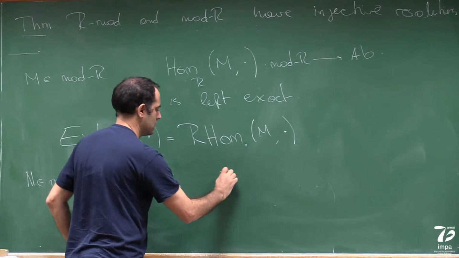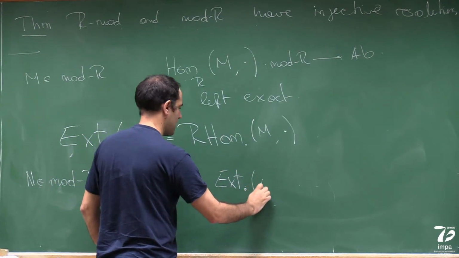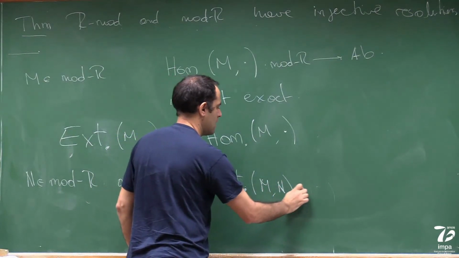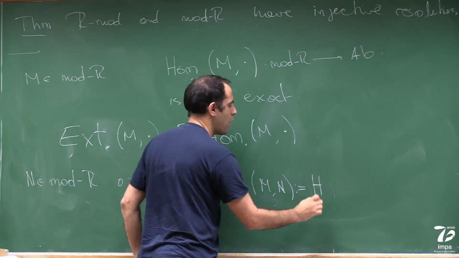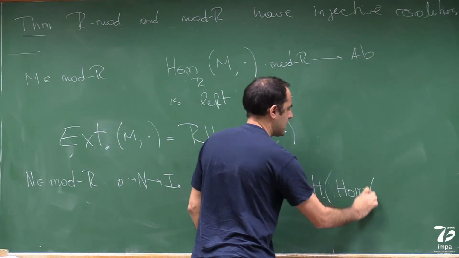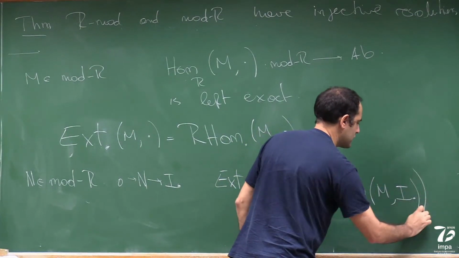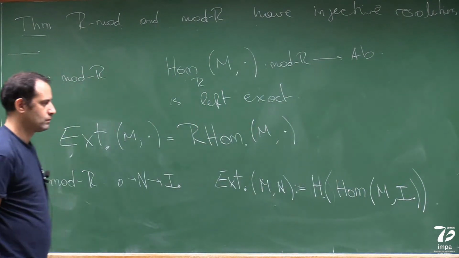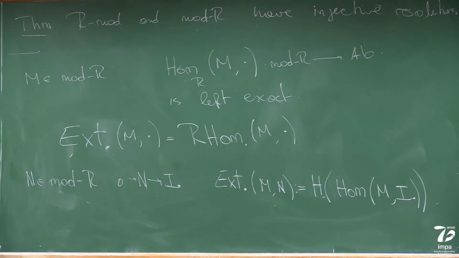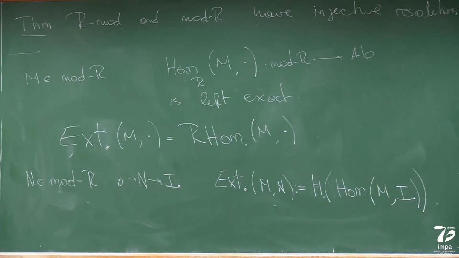Then Ext star of M, N is by definition the homology of the complex obtained as taking Hom from M to this injective resolution. So now, here's one difference with Tor.